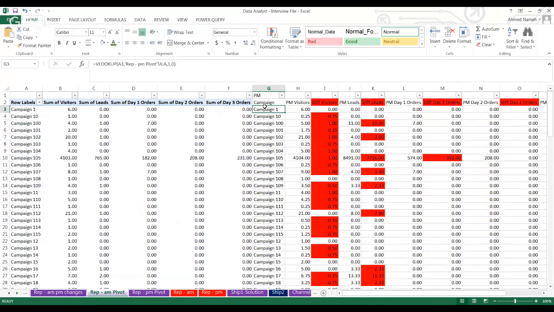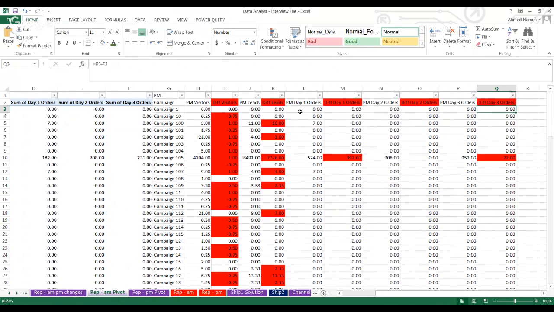Here you have your AM visitors, leads, day 1 orders, day 2 orders, day 3 orders. Here you have your PM visitors, PM leads, PM day 1 orders, PM day 2 orders, and so forth. And in between each of the columns, I added a diff column that looks at the difference between your PM and your AM for each of the columns outlined.